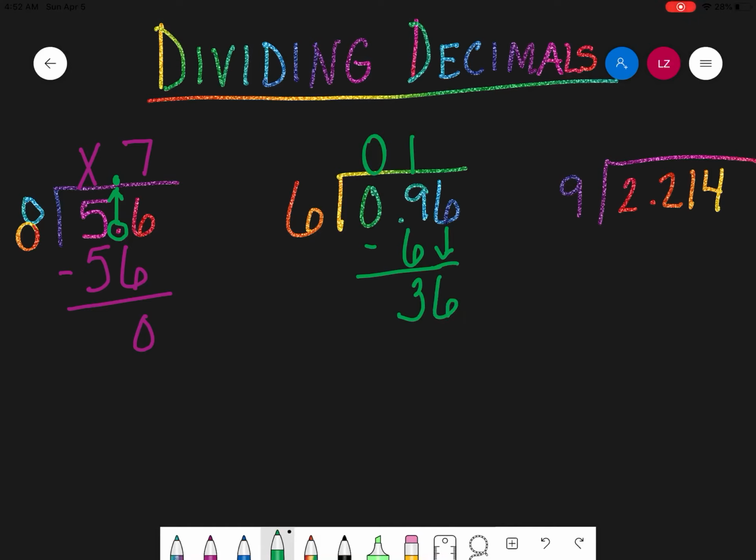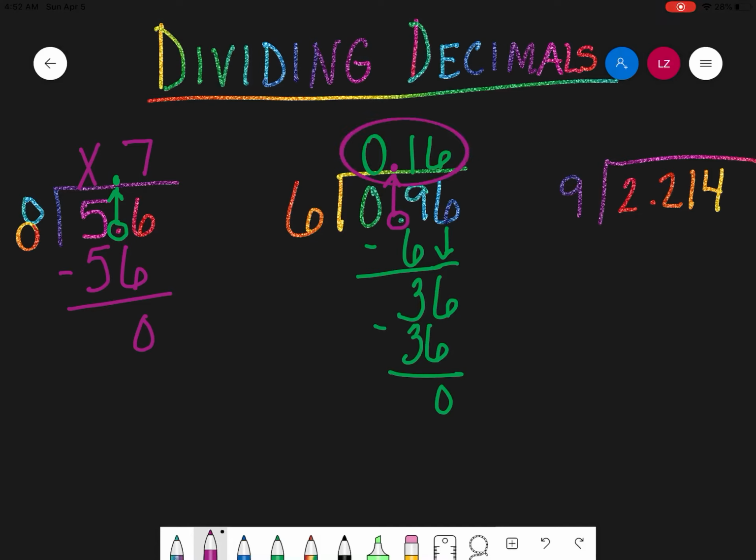Now we have 36. 6 into 36, it goes 6 times. 6 times 6 is 36. We subtract and we get 0. There's nothing left to bring down. Our answer is 16, but not really, because we have to take our decimal right here and move it straight up into our quotient. So our answer is 16 hundredths.